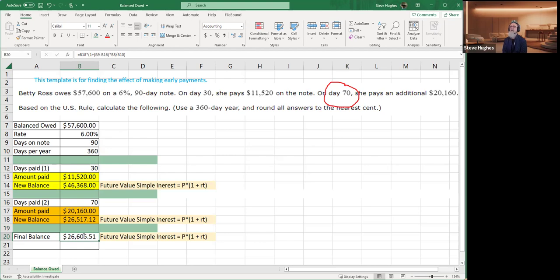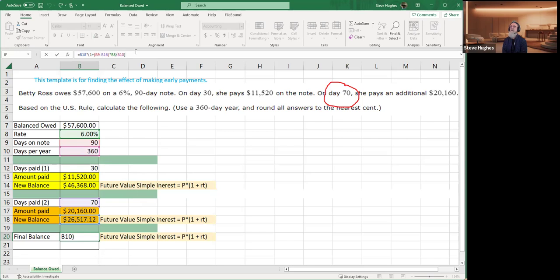B9, that's the 90 days, minus the 70 days in B16. I multiply that times the rate in B8. Let's click on it so you can actually see the cells. So once again, I'm taking B18 times 1 plus B9 minus B16. That's going to be 20 days.